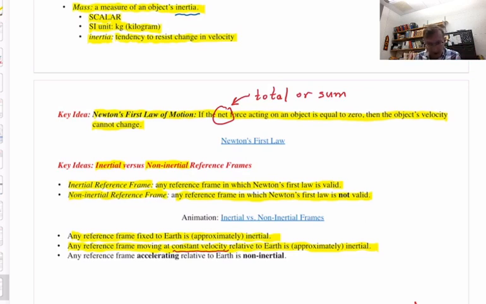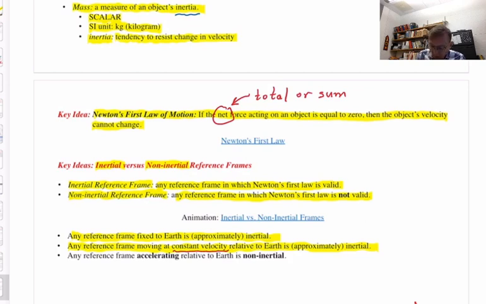You've got the ground, and maybe you've got a train car on straight train tracks and it's just rolling along at a constant velocity. That's another reference frame, and it would be moving at constant velocity relative to Earth. And if you studied motion from that constant velocity frame, you would find Newton's first and second laws work fine. Okay? So any reference frame moving at constant velocity relative to Earth is also inertial.